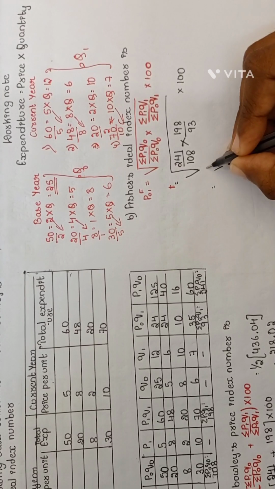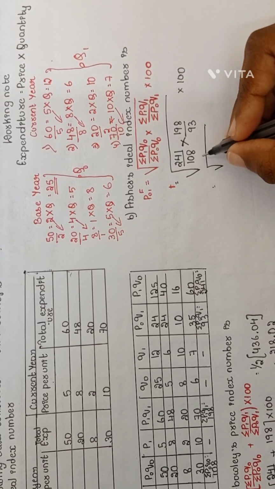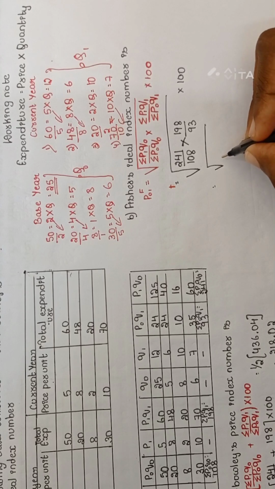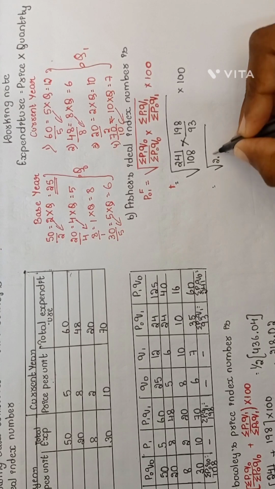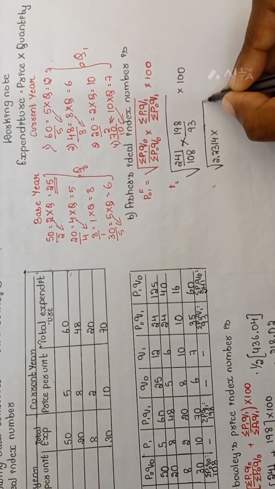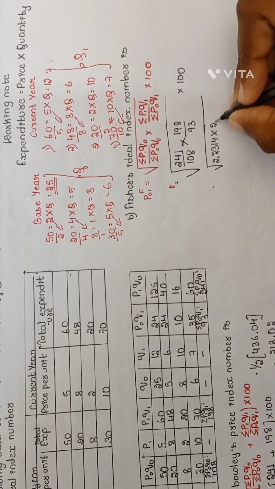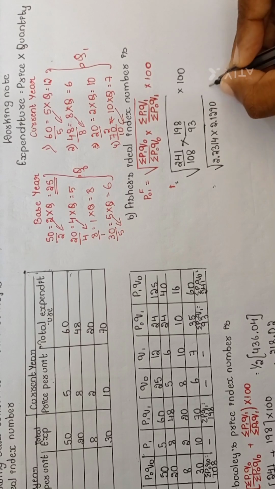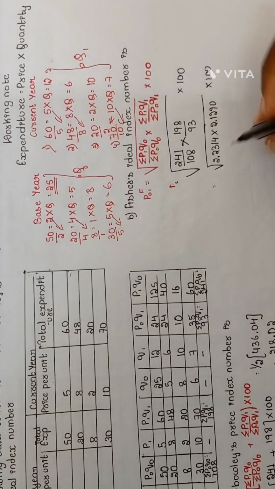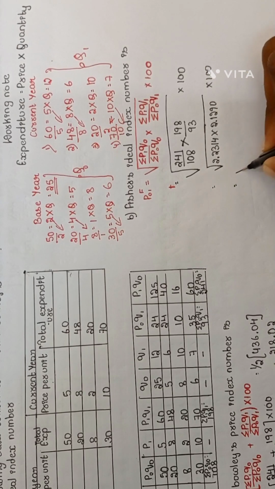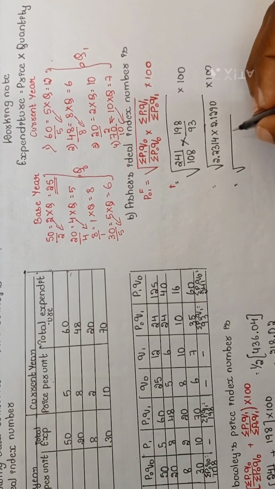So let me divide this. 241 divided by 108, and the answer will be 2.2314, into 198 divided by 93, and the answer will be 2.1290, into 100. Okay, so first let's multiply these two numbers.